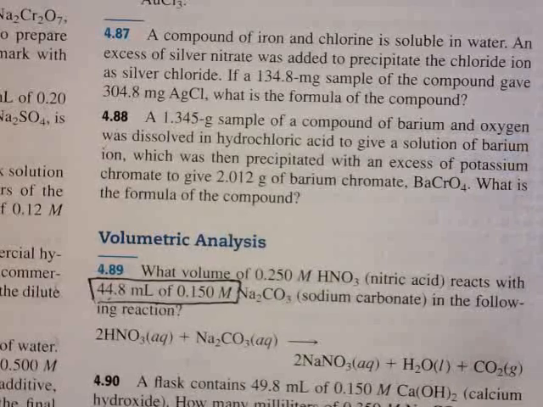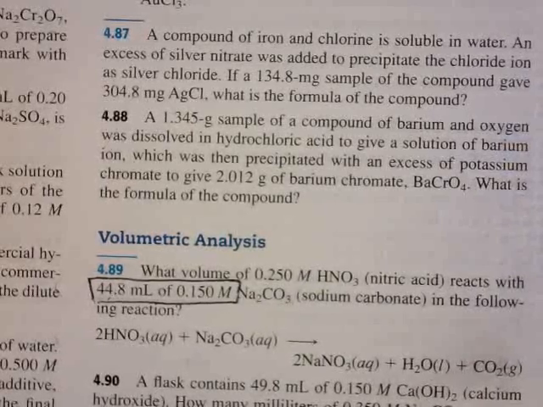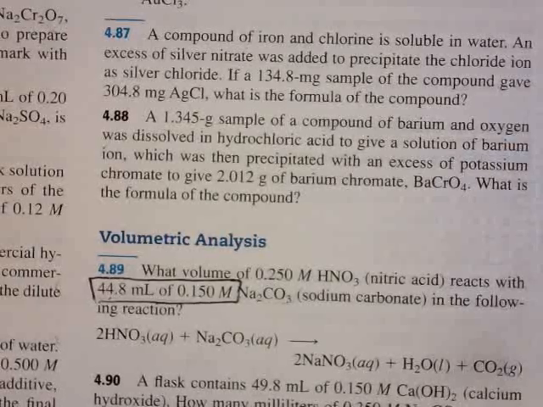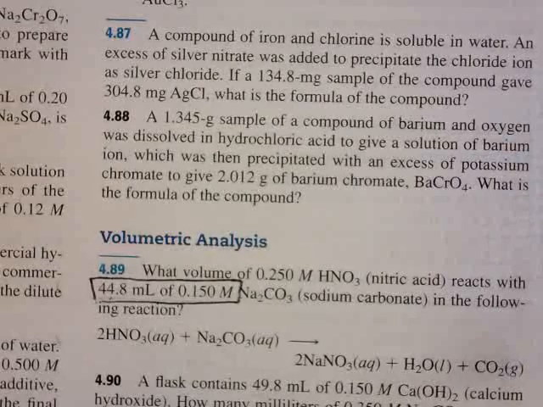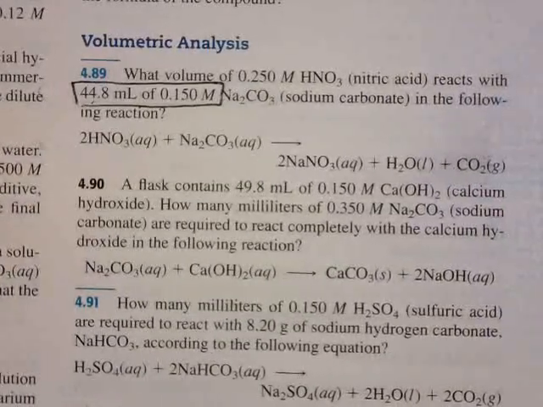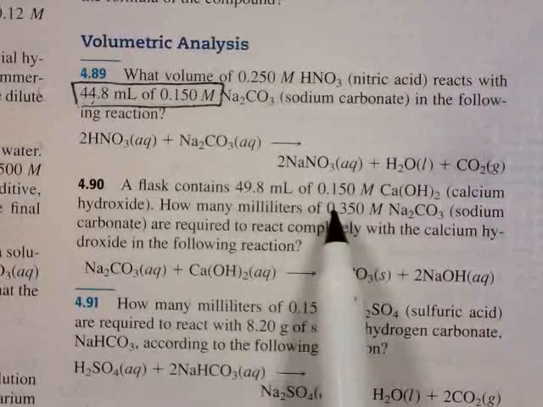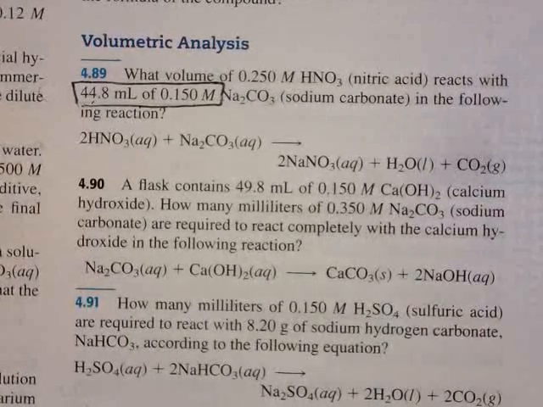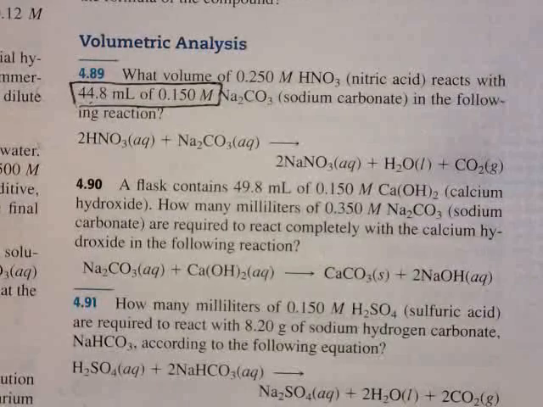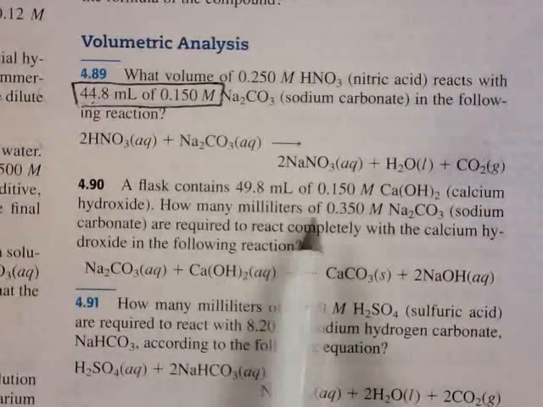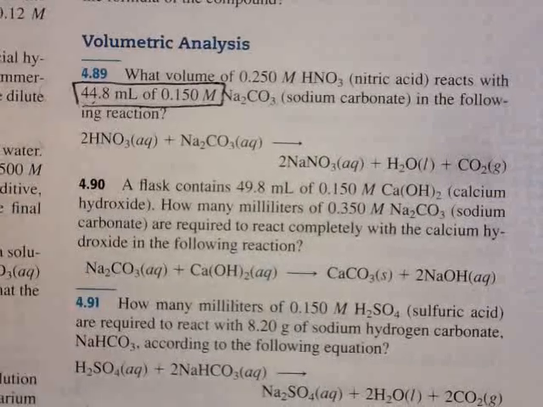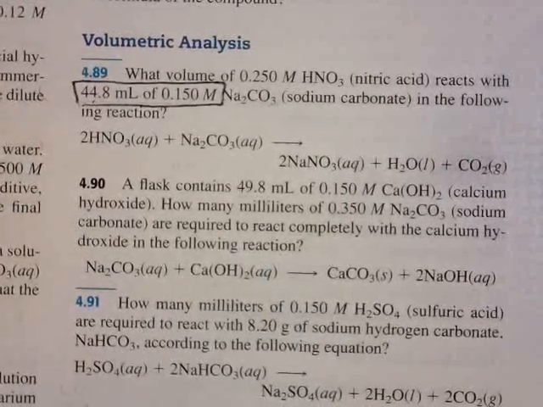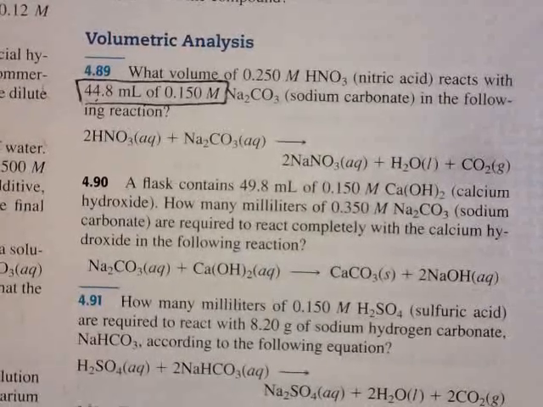And we'll emphasize this again here in a few minutes and work a number of problems that deal with that. So just to show you, and you can see this in other problems down here, it gives you milliliters. Here's one, 49 milliliters of 0.15 molar calcium hydroxide. But when you see that combination, you need to be able to convert to moles to work a chemical stoichiometry problem, especially when it deals with solutions.